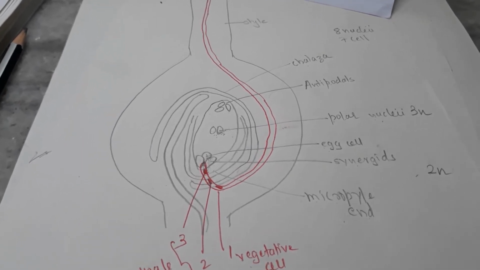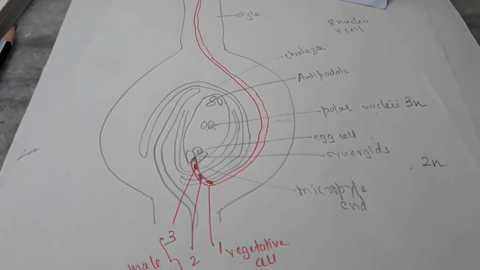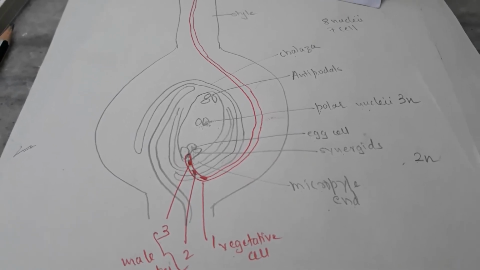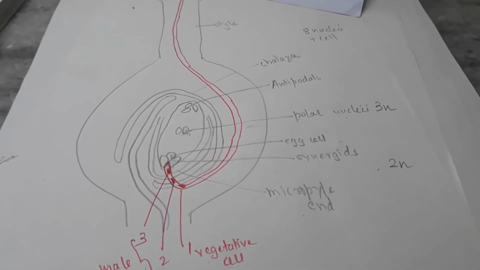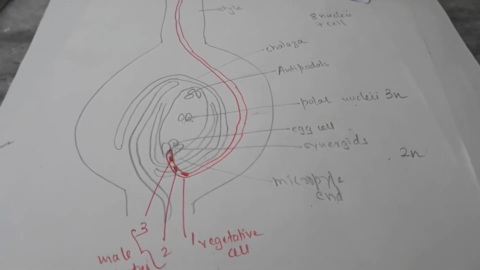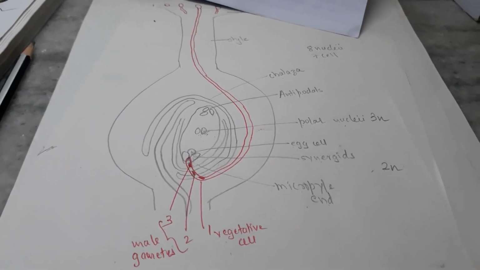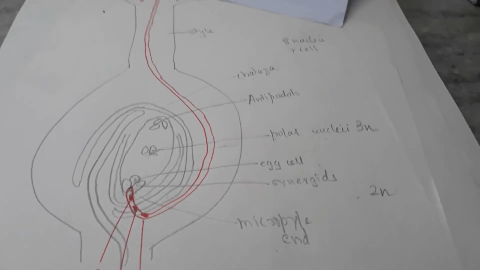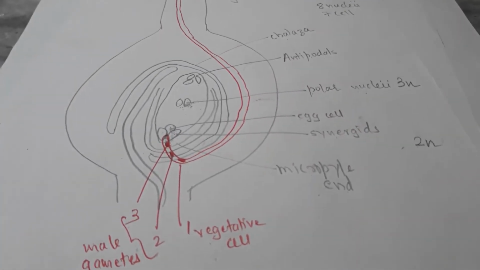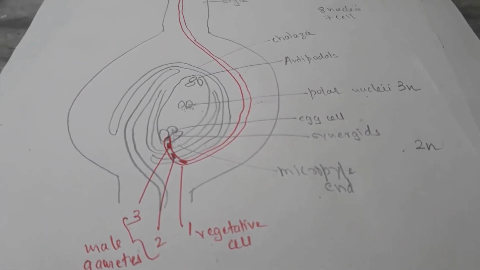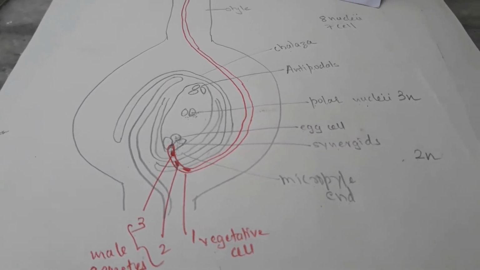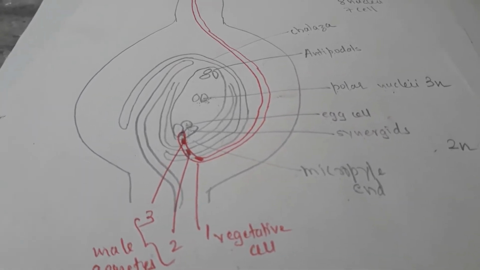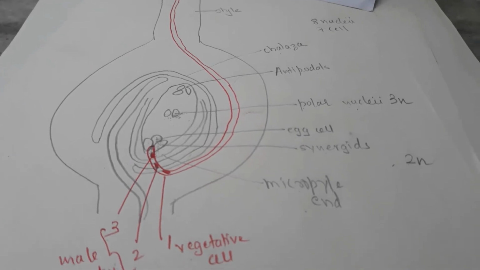Now in this chapter, agriculture, then apomixis and parthenocarpy topics are left. So we will be completing this second chapter, and after that I will make the internal questions based on chapter 2 and send them to you.